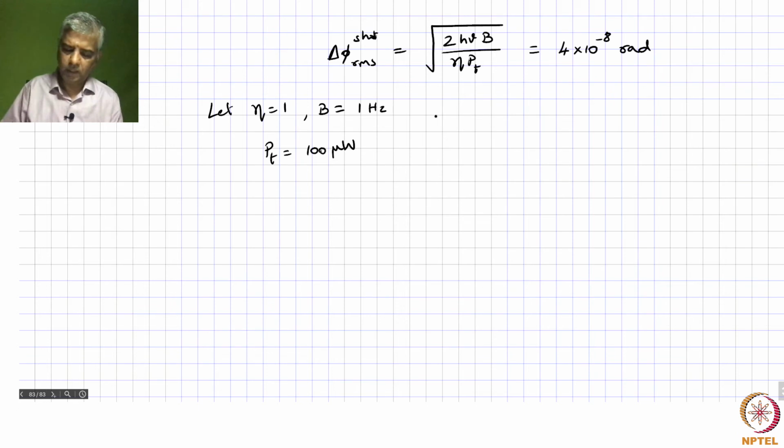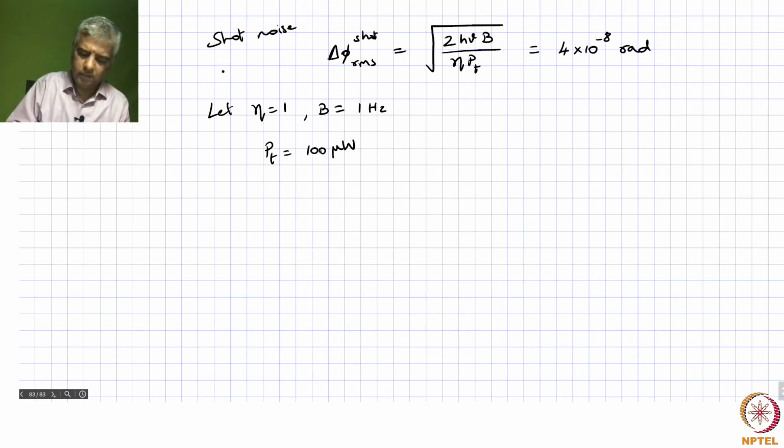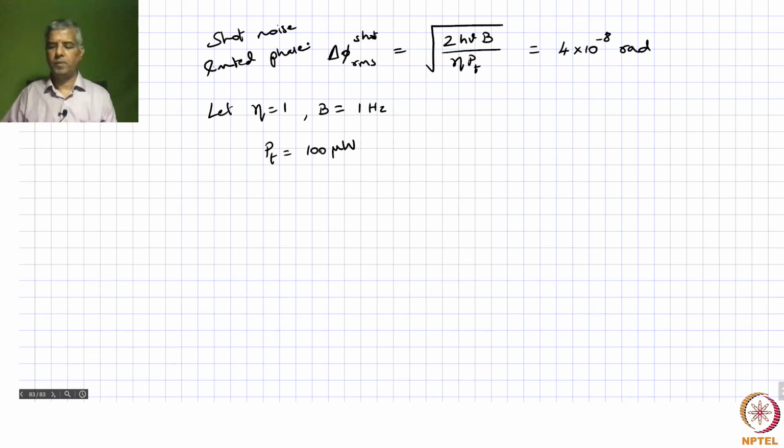But coming back to this, if you have a delta phi short RMS in the value around this one, that's actually what we call the shot noise limited phase that we can pick up. Then you should also be able to figure out the corresponding limitation in terms of the rotation rate.